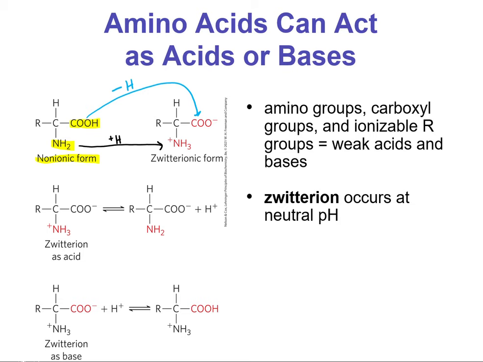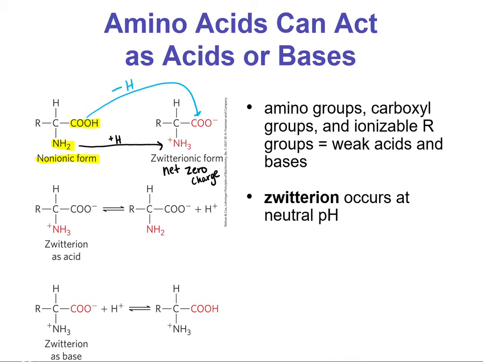The Zwitter ion occurs around neutral pH. And what that means is that this form has a net zero charge. So that's the Zwitter ion. Net zero charge.